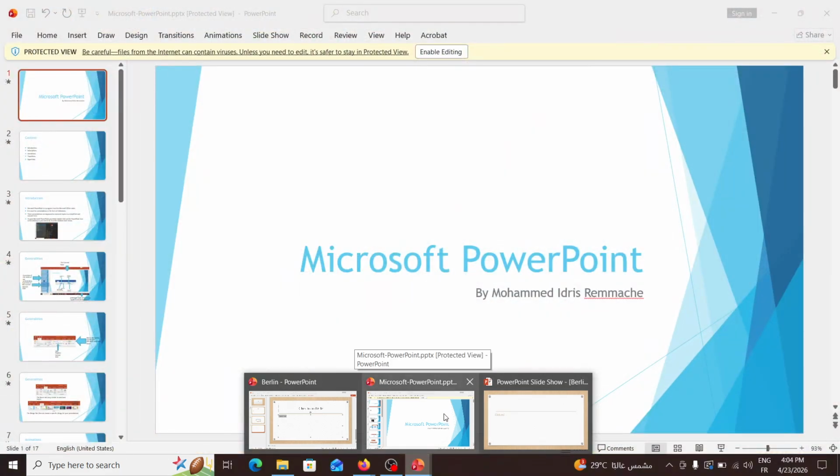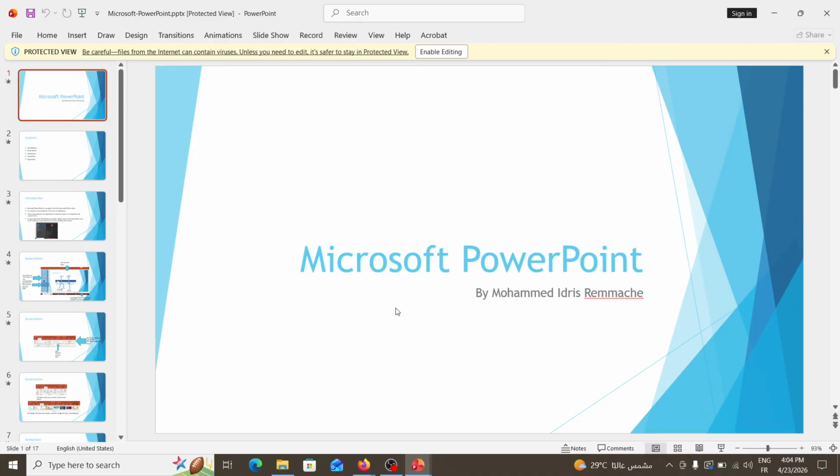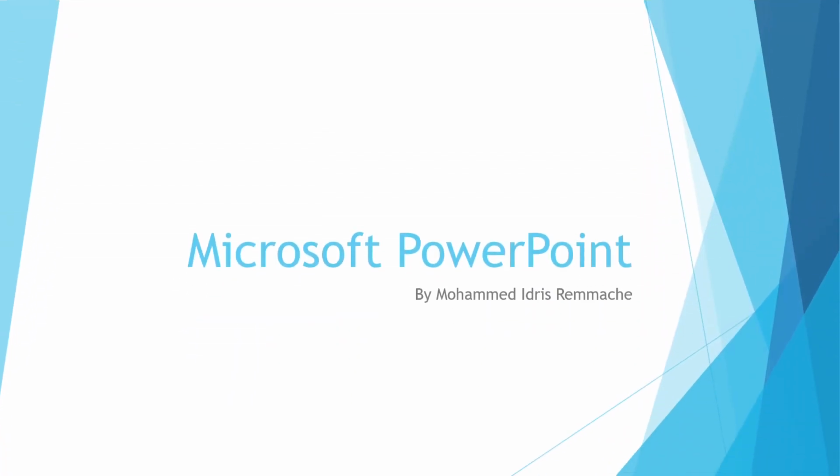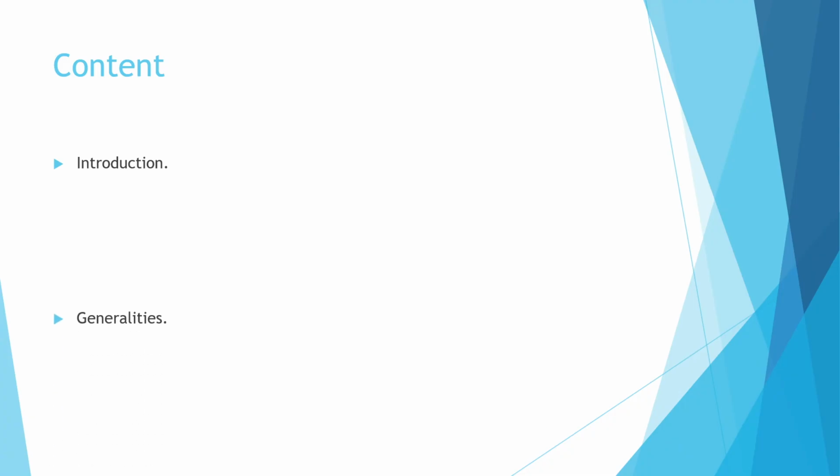Let's, for example, go to the PowerPoint presentation on Microsoft PowerPoint, and let's run it again in full screen so we can see the transitions and animations and how they're used.